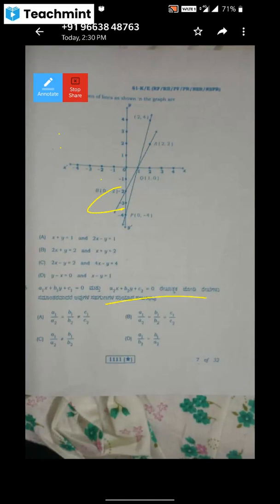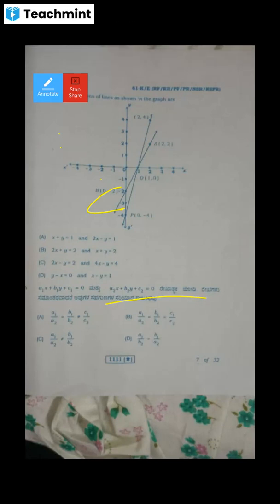If you substitute 1 in the first option, 1 plus 0 is 1, that is right. In the second equation, 2 into 1 is 2 minus 0 is 2 equal to 1, so that is not right. Second one, 2 into 1 is 2 plus 0, that is 2 equal to 2, that's okay.